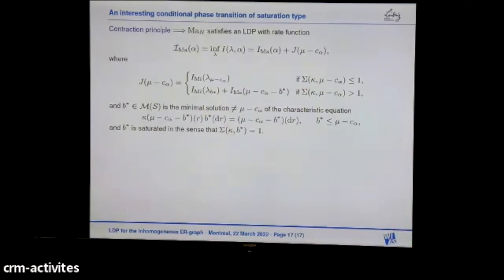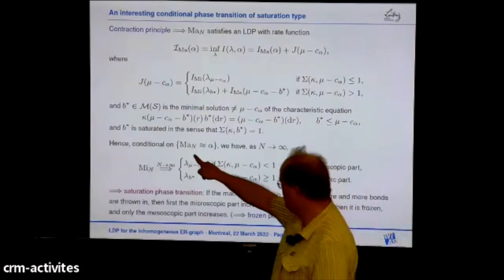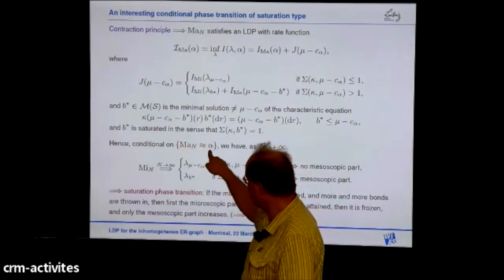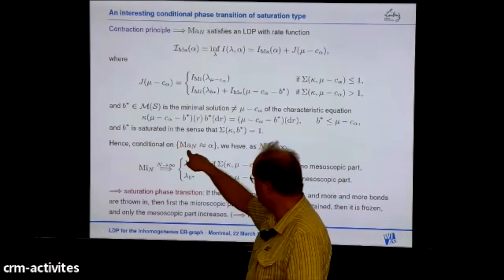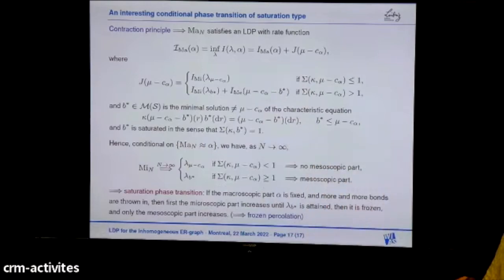You see already here's a certain phase transition, but now with these parameters. What is the interpretation of this phase transition? So maybe it's a bit technical. Let's look at the conclusion. If you fix now the macroscopic stuff, so alpha is a configuration of everything that is macroscopic, your condition is on this.